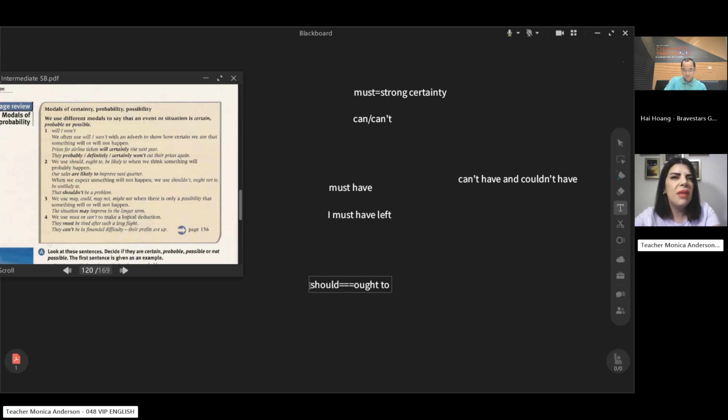For example, she should be at work. It's likely. I'm not sure about it, but it's likely. Or she ought to be at work. Again, means should. But for the negative form, it's better to say shouldn't, not ought not to.